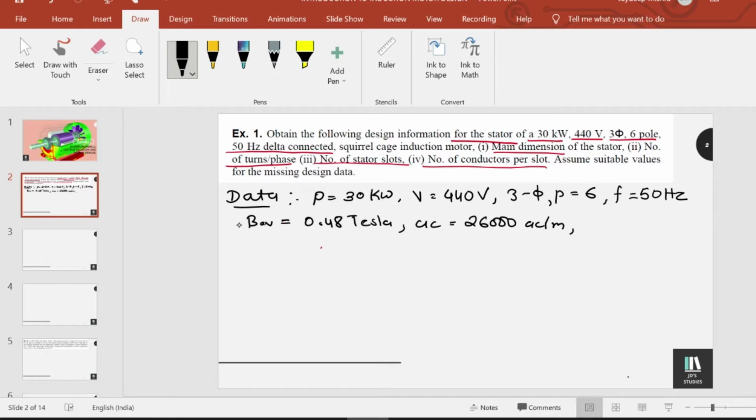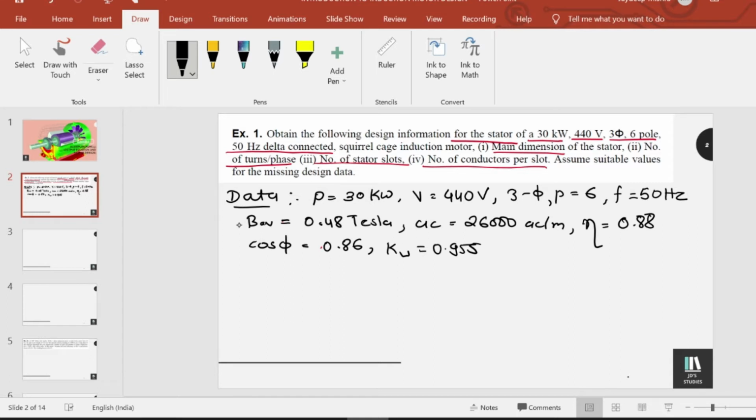Then we can assume full load efficiency, eta, as 0.88, and full load power factor, cos phi, as 0.86, and we also assume winding factor Kw as 0.955. How can we put winding factor 0.955?